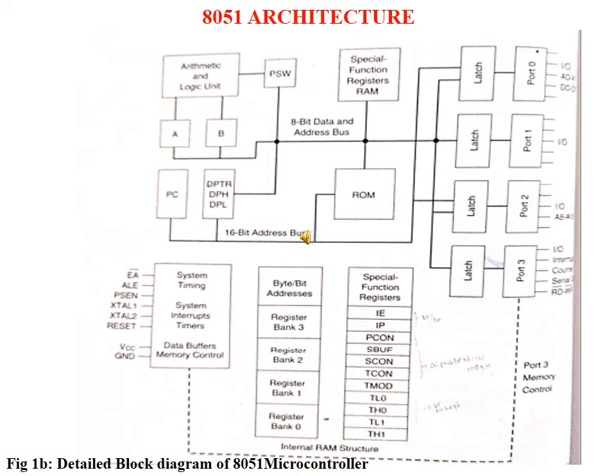Next is the data pointer register, called DPTR. It is made up of two 8-bit registers, DPH and DPL, which are used to access the memory address for internal and external code access along with external data access. The data pointer register does not have a single internal address; a separate address is assigned to each of the 8-bit registers, DPH and DPL.